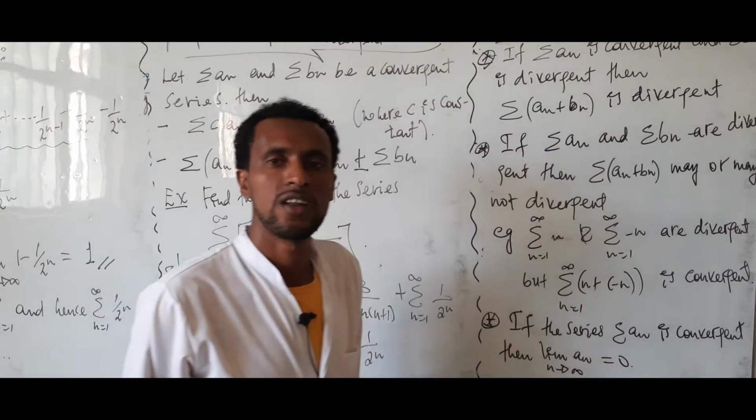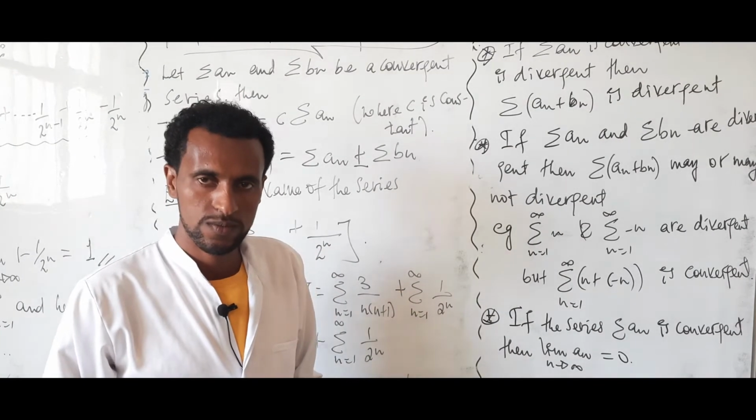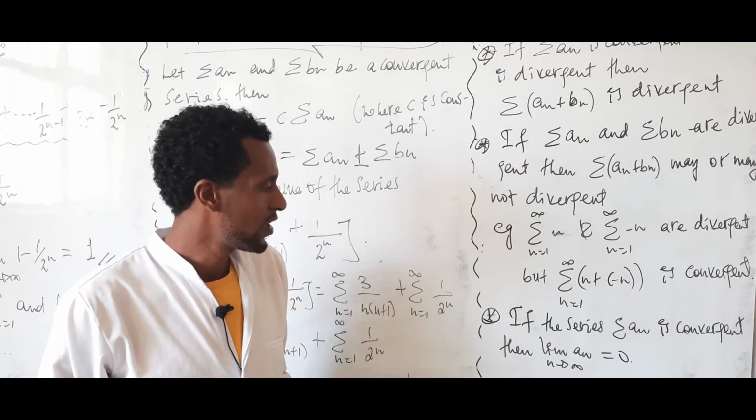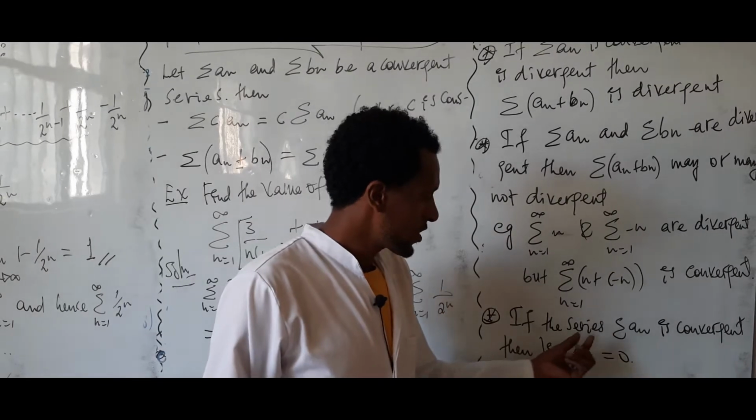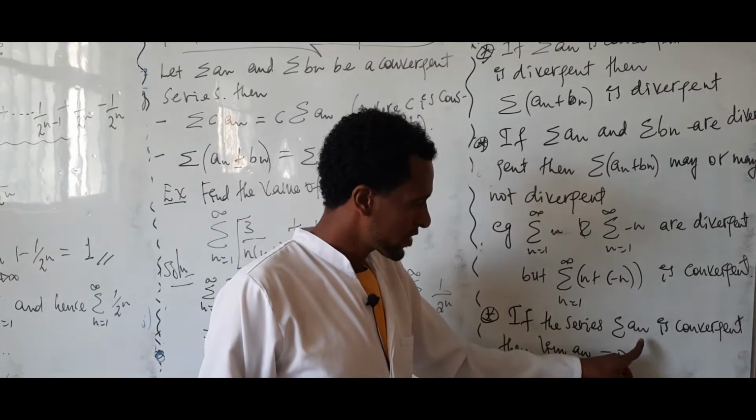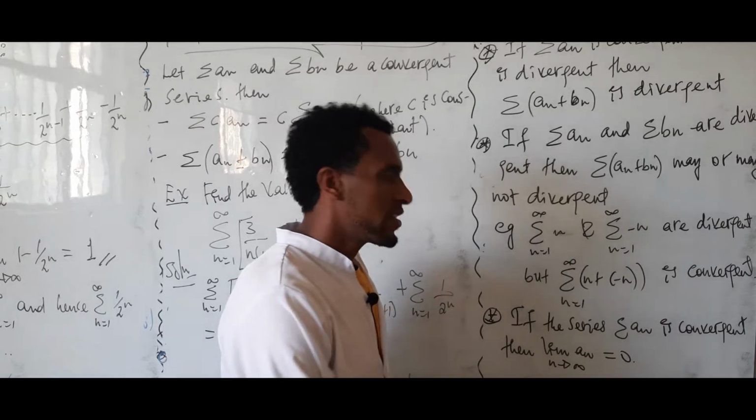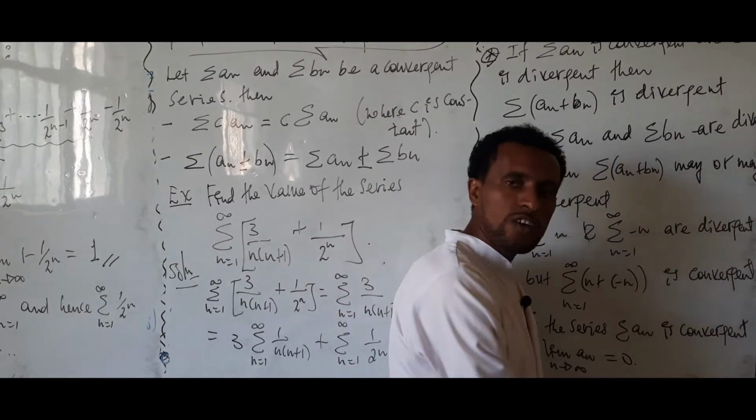That means if this series is convergent, then its sequence must converge to 0.